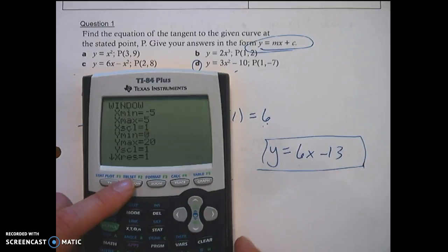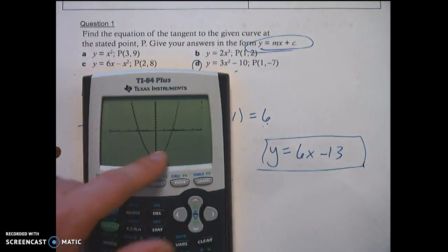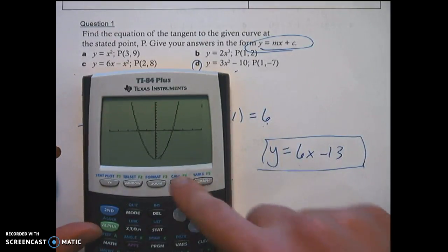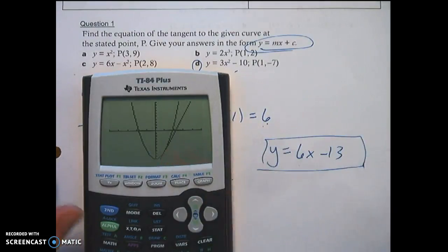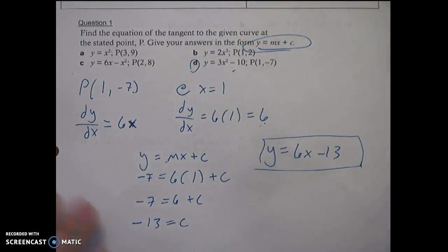Let's go from negative 10 to 10. And here's my quadratic, my original function, and there's my tangent line. You can see that it just barely grazes the quadratic right there. And that's what a tangent line is supposed to do. It's supposed to only touch that curve at one point, which is exactly what's going on there. So I'm feeling good about that answer, 6x minus 13.